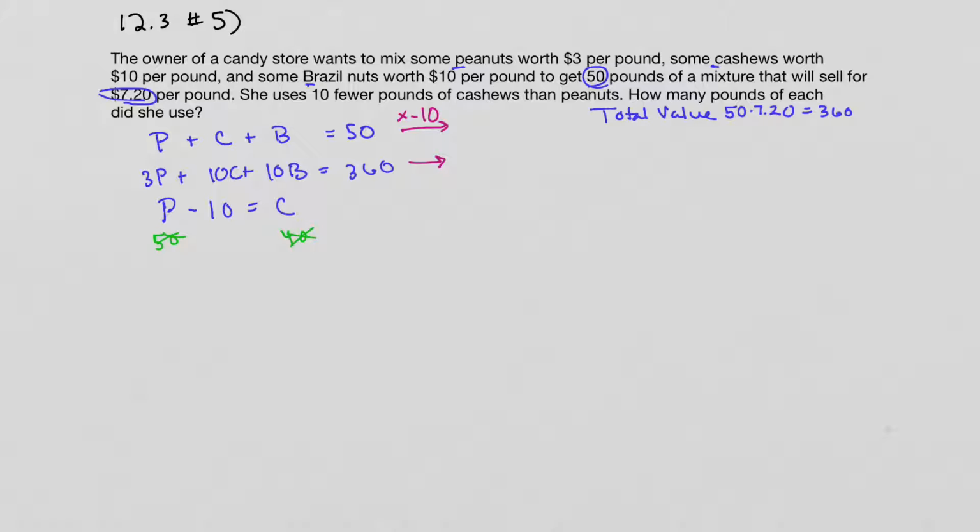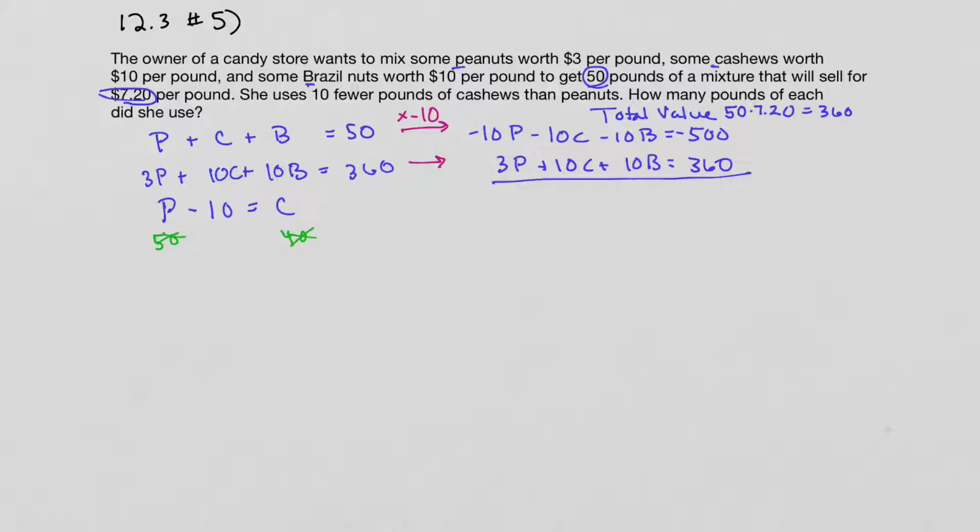Okay, so first equation times -10. -10P minus 10C minus 10B equals -500. Second equation, well, let me just check the arithmetic. Okay, second equation, we just bring over the way it is. 3P plus 10C plus 10B is 360.